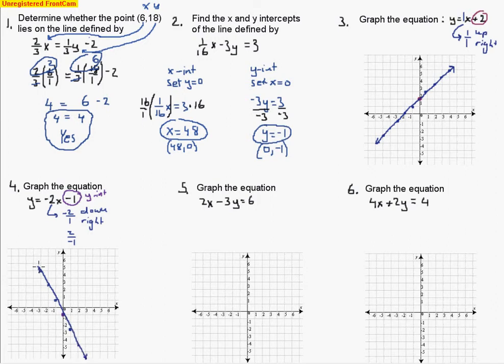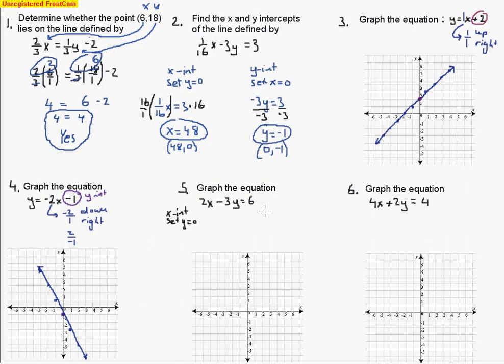Well, the next two problems just say to graph. So you can use any method, but for these problems, it will be more advantageous for us to use intercepts. So I'm going to find the x-intercept for this problem because x and y are on the same side. When we do that, we want to set y equal to 0.